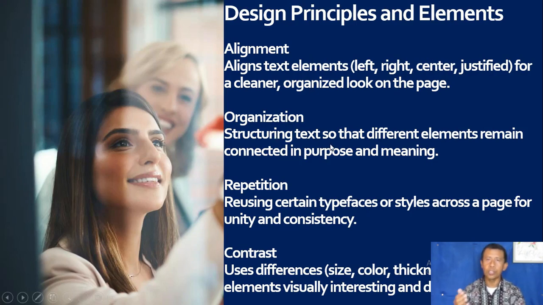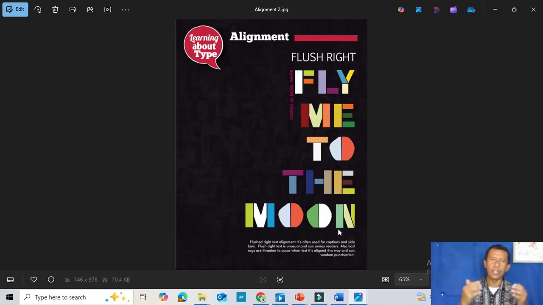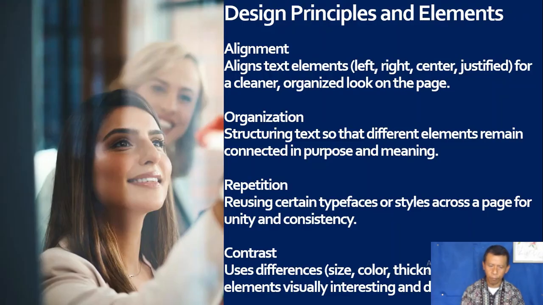If you use, let's say, Calibri or Arial in all of your research papers, you can use only one or two typefaces. You don't have to use many different typefaces, because it is very cool and very professional. Across the page, for unity and consistency, it gives you that professionalism.